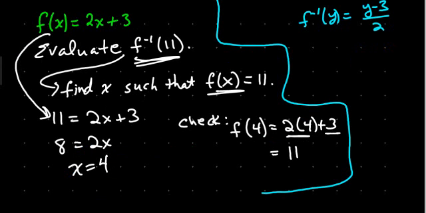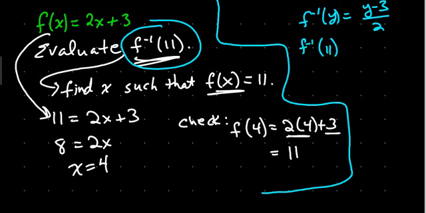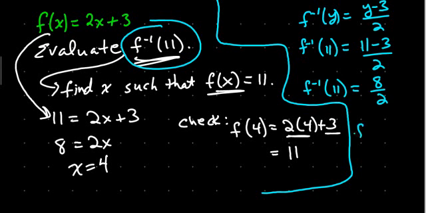Okay, so now let's straightforwardly find f inverse of 11. So f inverse of 11 is equal to 11 minus 3 over 2, and so f inverse of 11 equals 8 over 2, and f inverse of 11 equals 4.